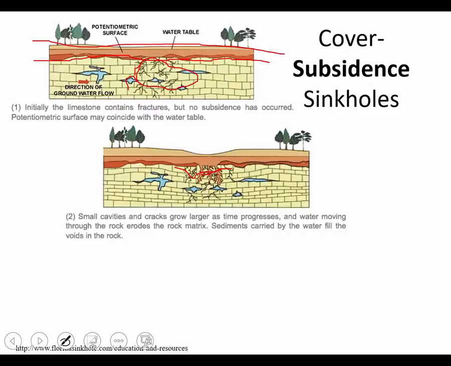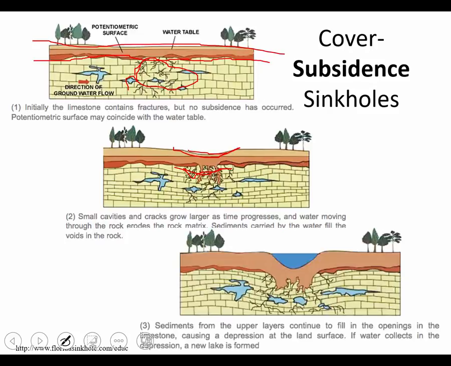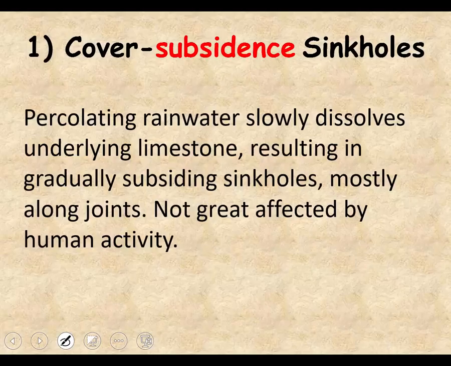A little more dissolution is occurring, and notice we're beginning to get a lowering of the cover. Basically, the cover is subsiding, okay, until finally we've got the cover that has gradually dropped into this dissolved space below. Okay, that is usually not aggravated by human activity. More importantly, it doesn't occur very suddenly. It's not a major hazard.